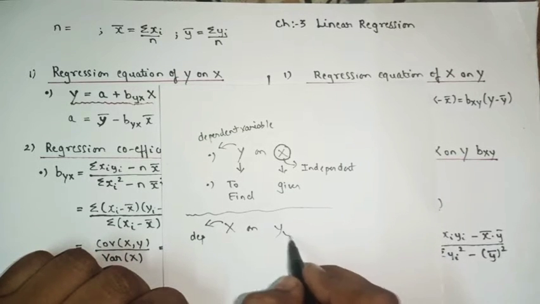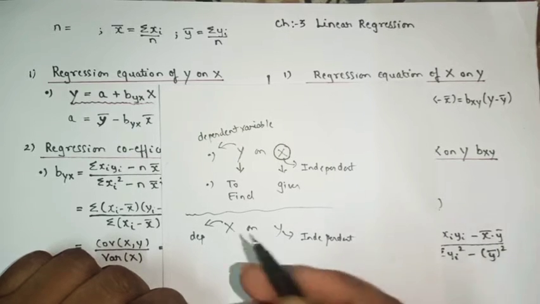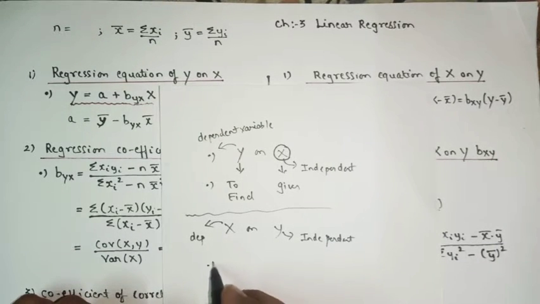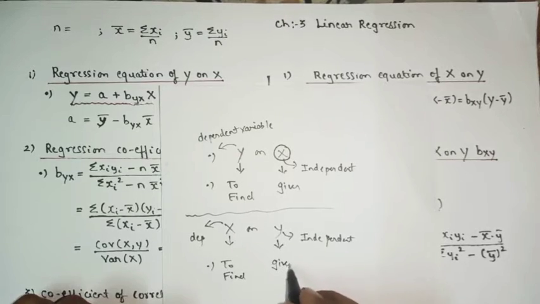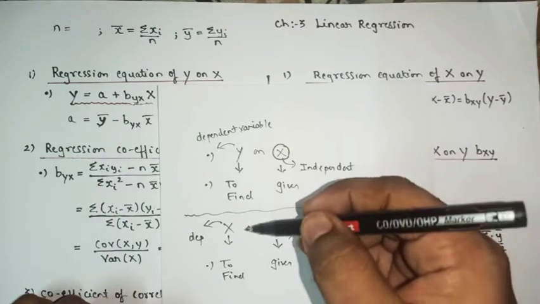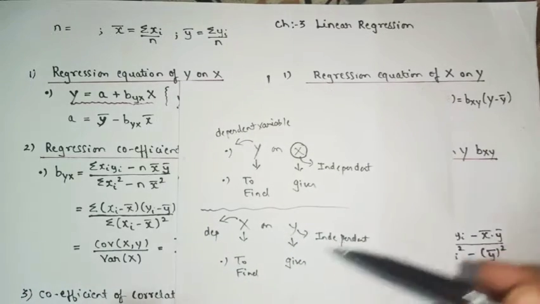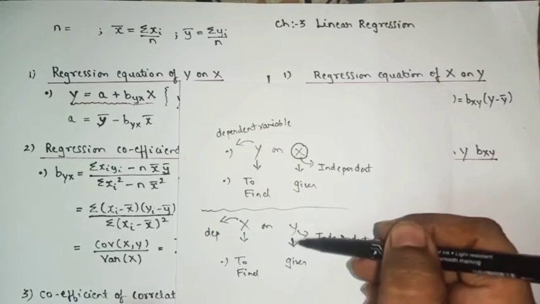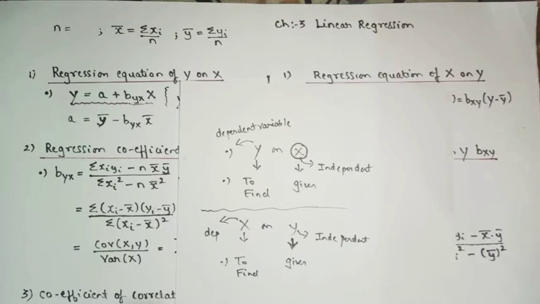Dependent variable and y will be what? Independent variable. In simple language we can say that here x stands for to find, and y will be given. It means when we have to find the regression equation x on y, you will have the value of y, you have to find x.